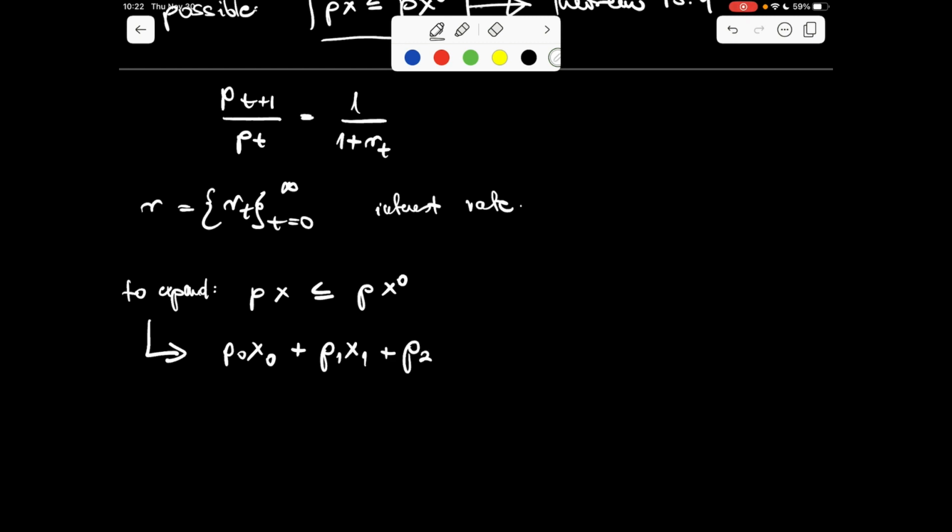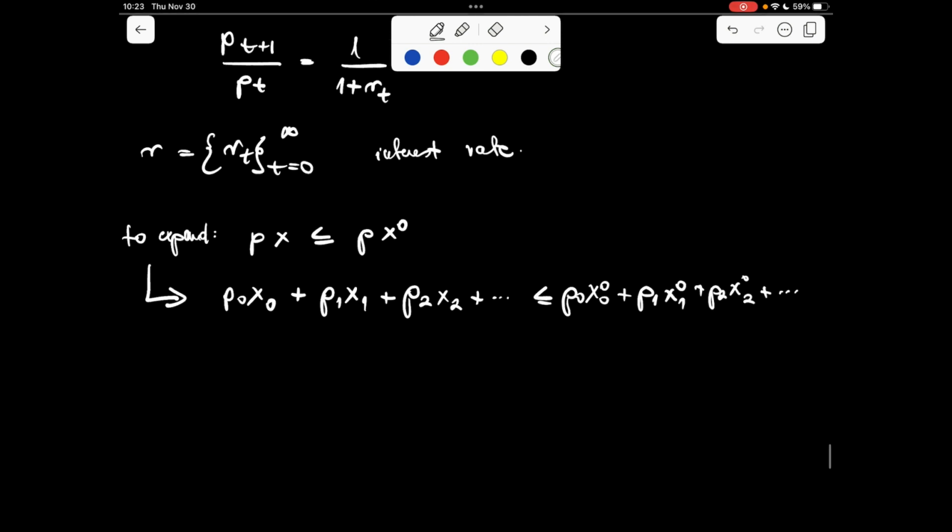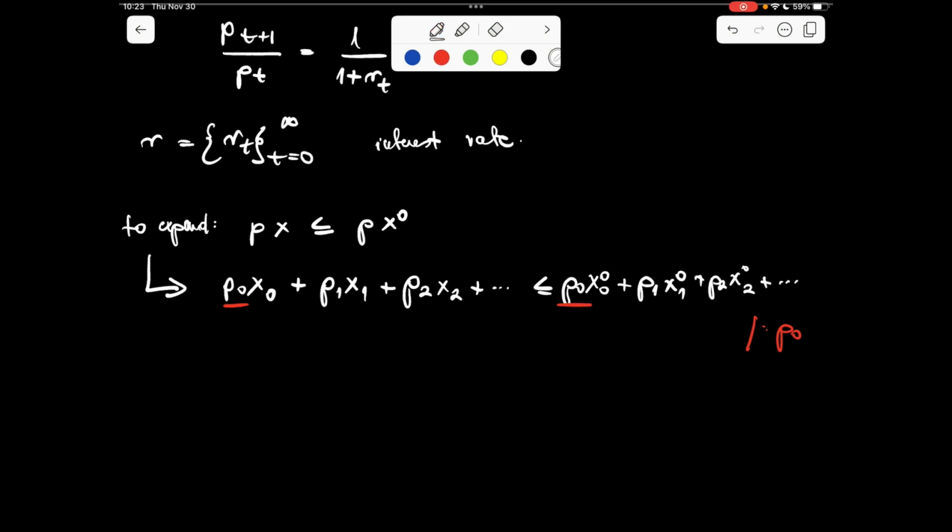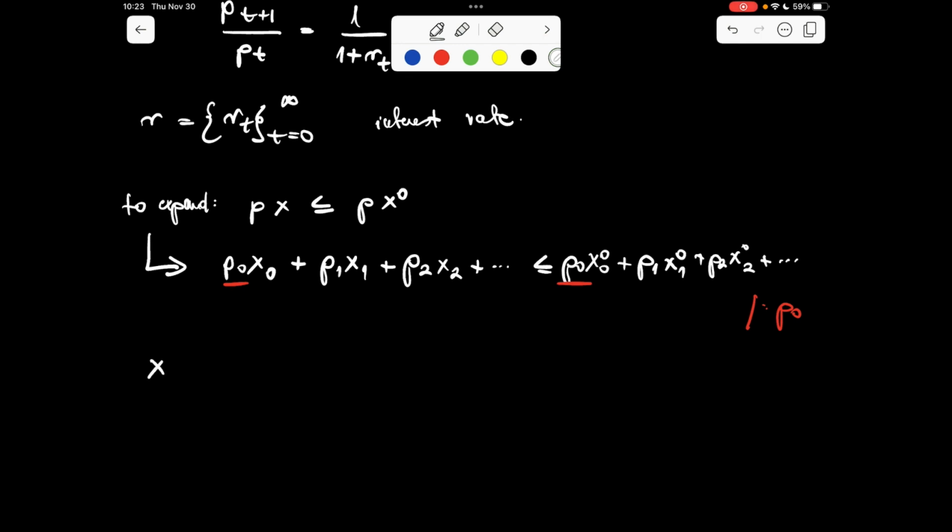Hopefully it's going to be correct. By simplification, dividing the two sides of the inequality, we get the following structure.